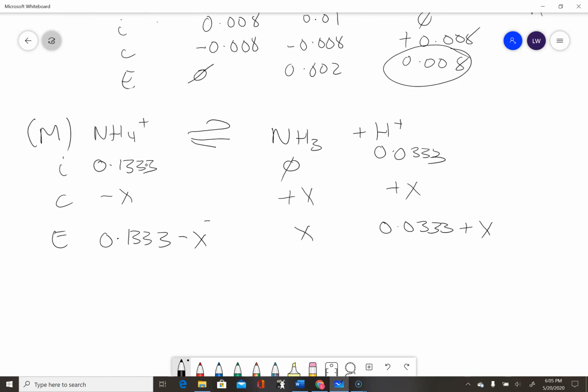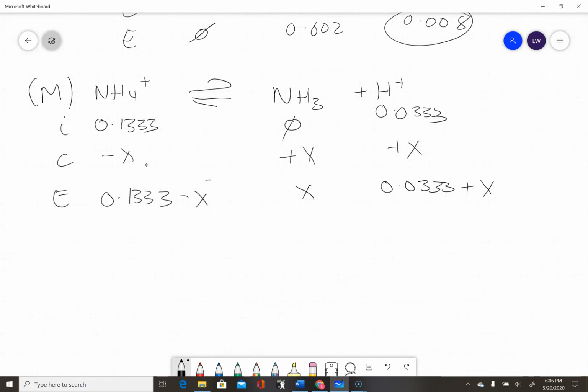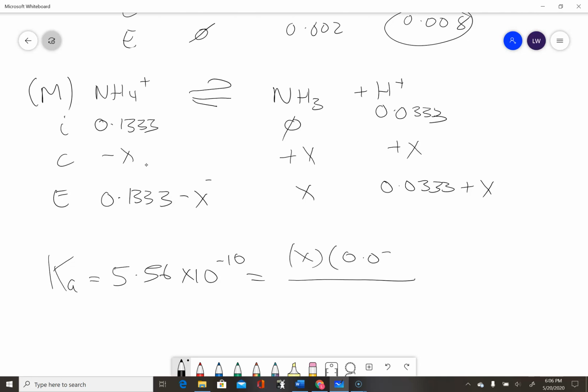Okay, so now I can keep working. Now Ka for the ammonium ion, we calculated it before. It is 5.56 times 10 to the minus 10, and that's going to be equal to our product concentrations over our reactant concentrations.